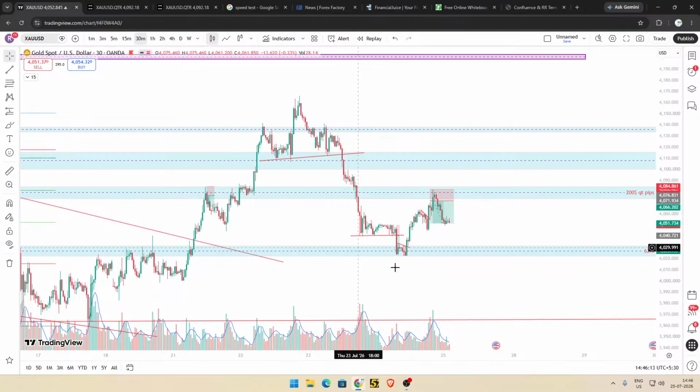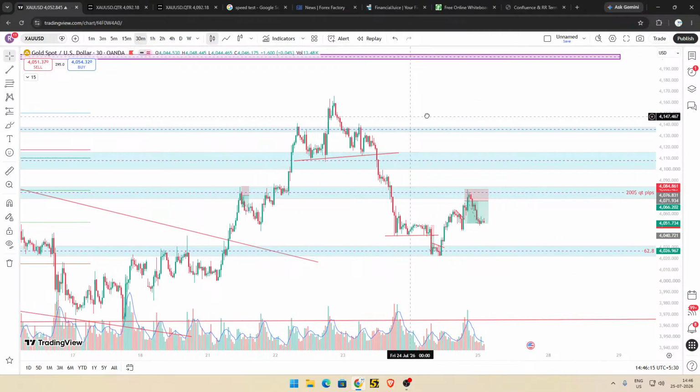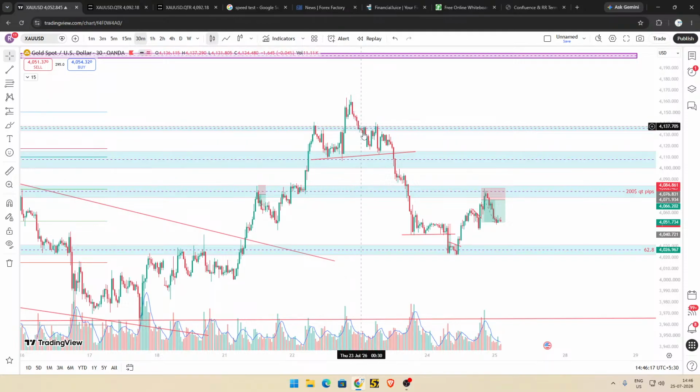So Fibonacci setup we are discussing. It's a one-sided move, and early in the morning it formed a confirmed type of setup here, and it fell to this area. 1:2 could have been achieved, but the mistake was I was sleeping.